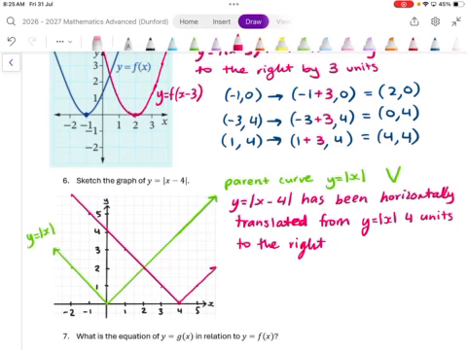Okay, and obviously we draw arrows at either end because it will continue on. So it has moved to the right. Okay, it'll be a nice V going both sides. Any questions on that?